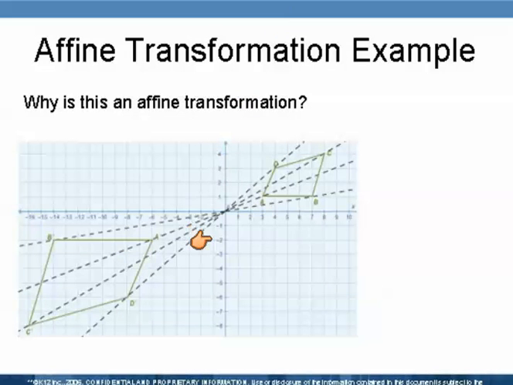So, looking at this, if it were an affine transformation, if I had an image here, I would have a point here. It's kind of like a reflection. You remember how we did those, where we were reflecting through a particular point? And so we would draw a line from here through that point out to here, and it would preserve the angles and the sides would be parallel to where they were originally.